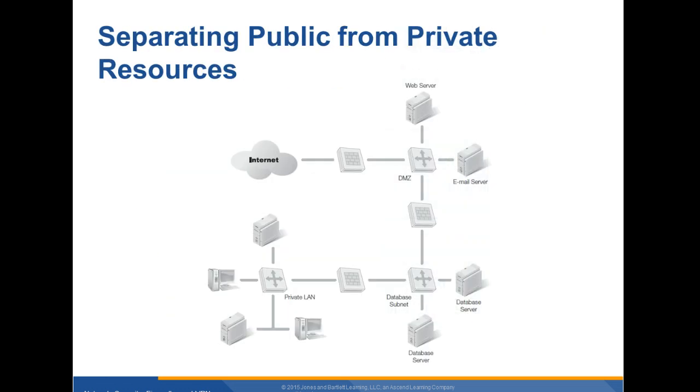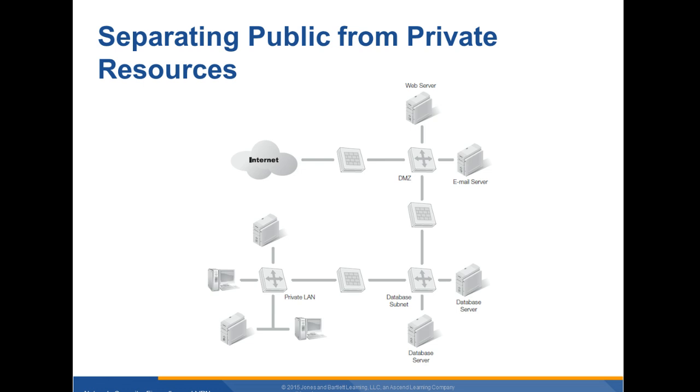Here we see a slide showing separating public from private resources. An aspect of defense in depth is to deploy multiple subnets in series to separate private resources from the public. This is known as n-tiered deployment. N represents the number of subnets under private control.